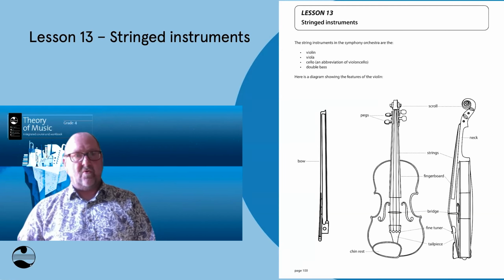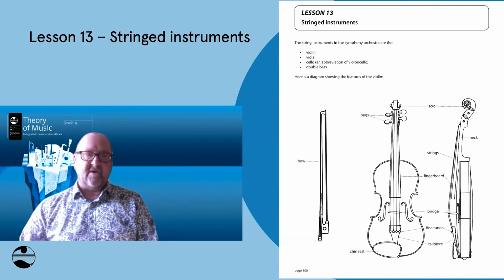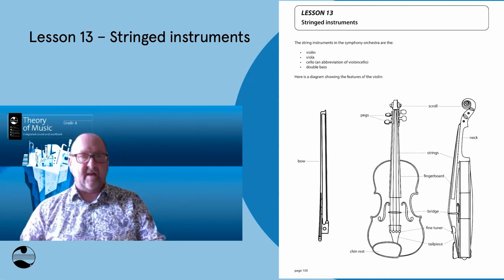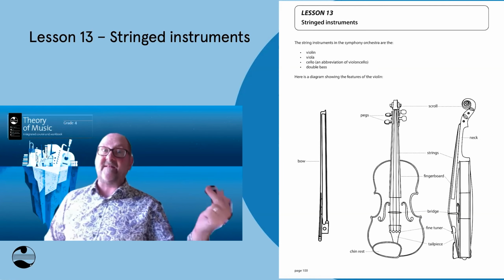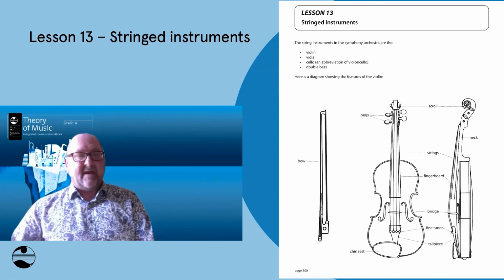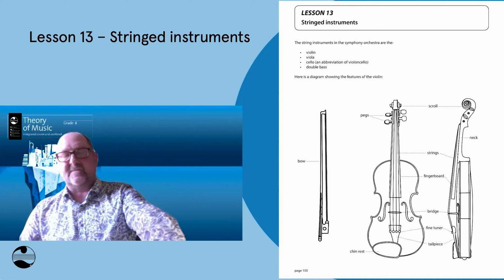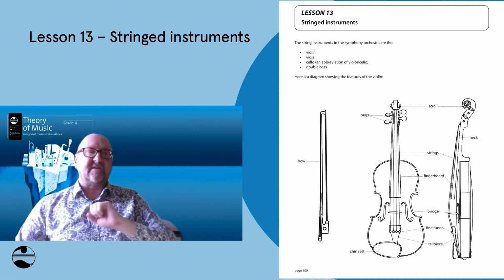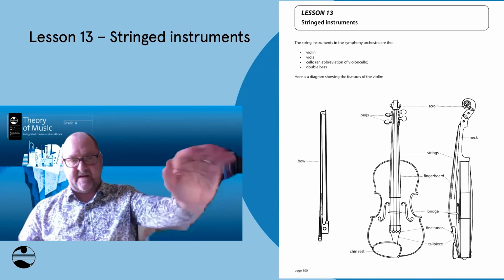So I go through all of the usual things. The viola is going to read from the alto clef as well as the treble clef. The cello is going to read from the bass clef, the tenor clef, and the treble clef. So you'll need to know all of that. And then I put all the terms relating to the stringed instruments of the symphony orchestra in that chapter so that they make a direct connection.